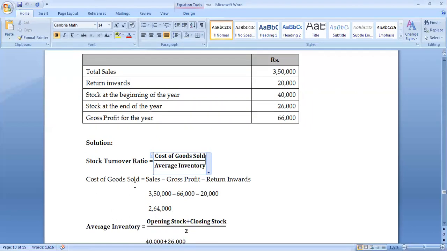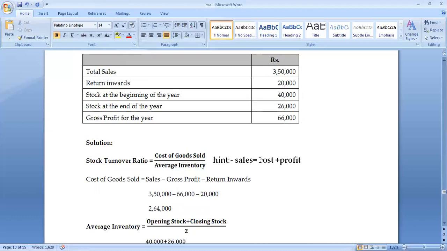Be very particular when finding the stock turnover ratio, because here the sales includes all the costs as well as the profit. So we are deducting the gross profit. You can also take it as a hint: sales is equal to cost plus profit.